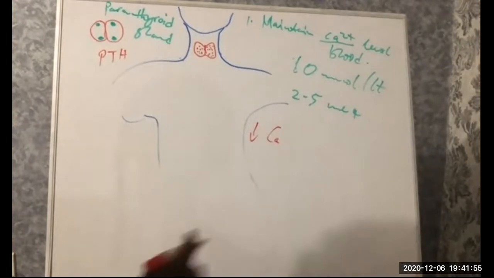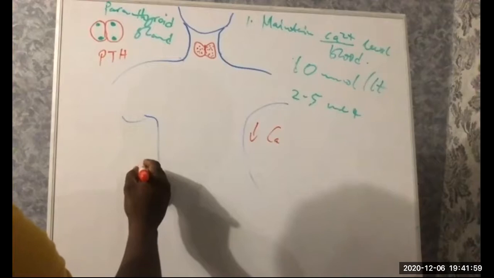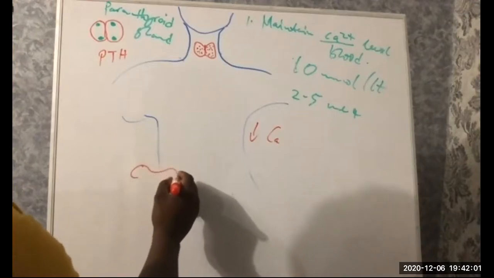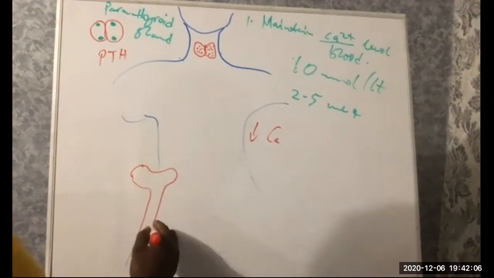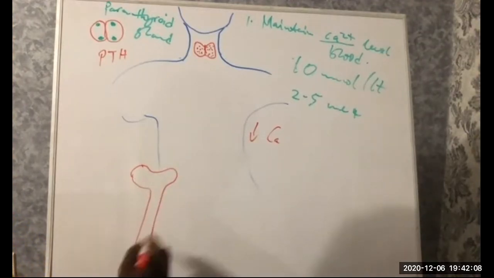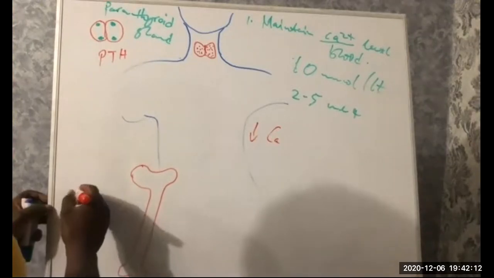Now, there are two cells in the bone. I'm trying to draw the bone here. So this is the bone. There are two cells. We have the osteoblast.